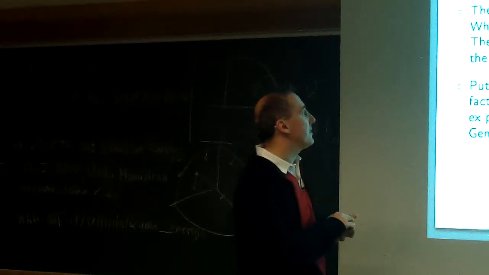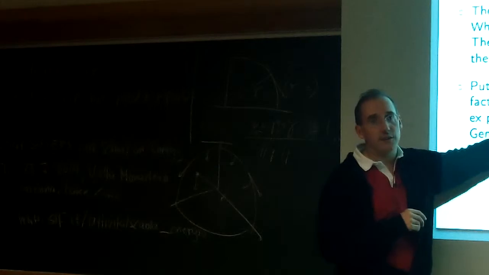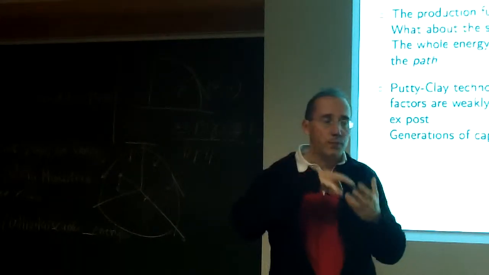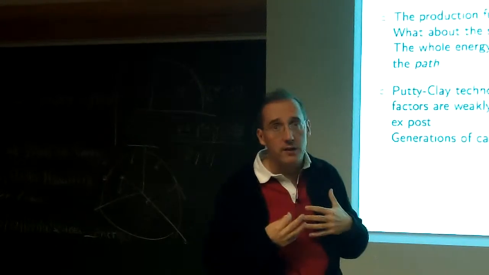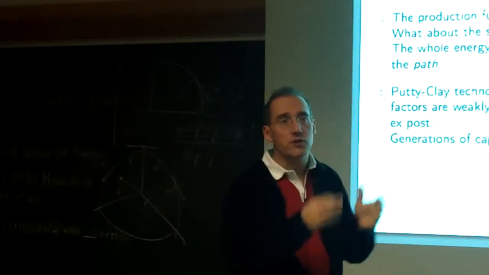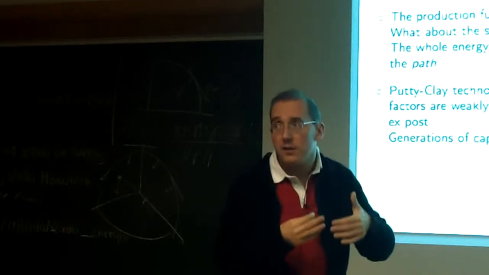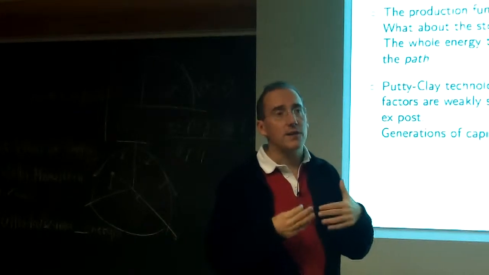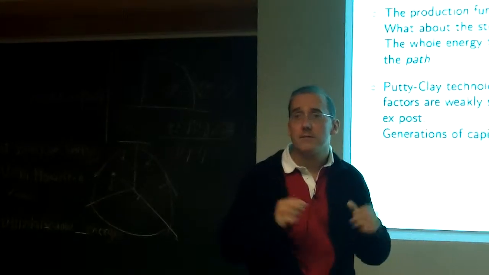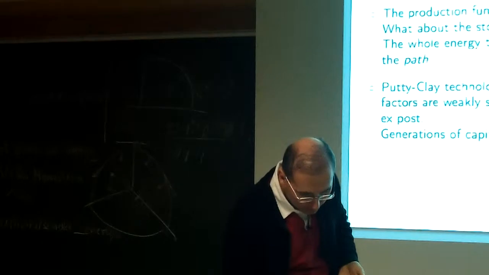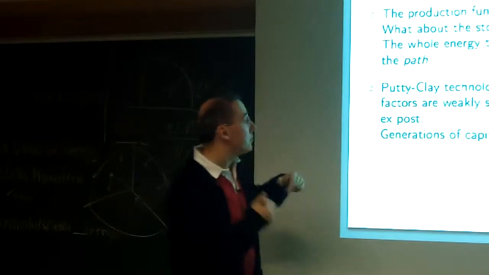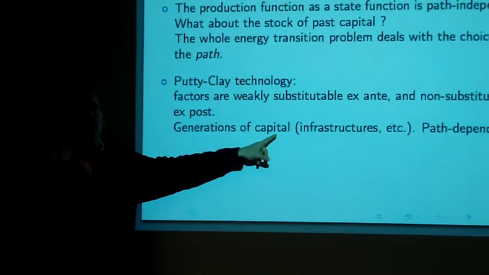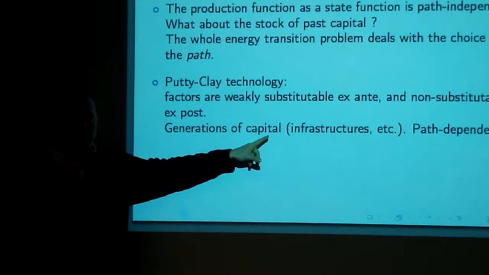So my suggestion is that we should use vintage technology, which is a more sophisticated way to formalize the production function, where ex ante, you may have, let's say, a Linex production function, a la Rainer, and ex post, you have a Leontief production function, because ex post, production factors are no more substitutable. And then this would allow you to speak about generations of capital and to have a path dependence of the model, despite the fact that you use a production function.